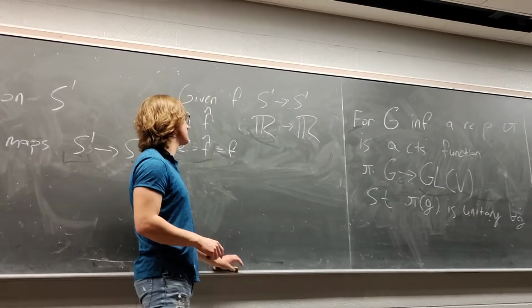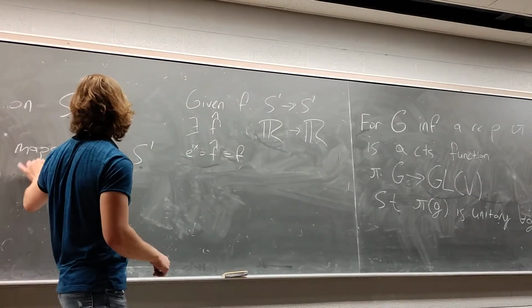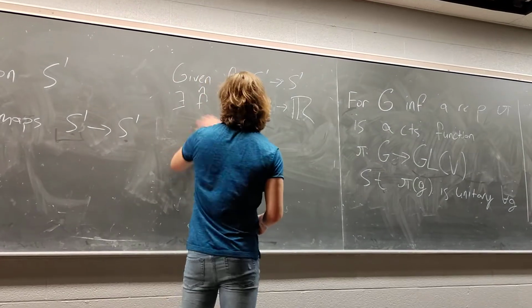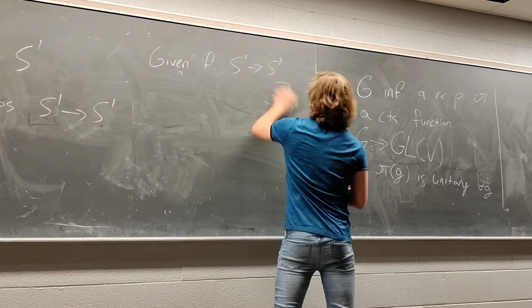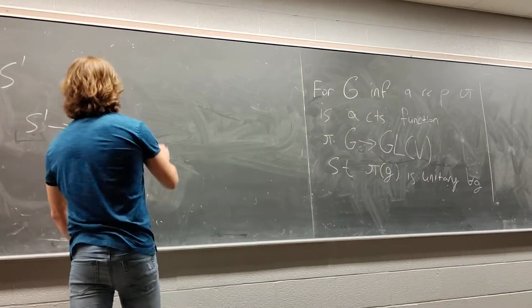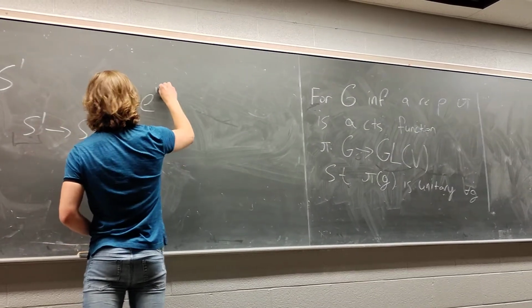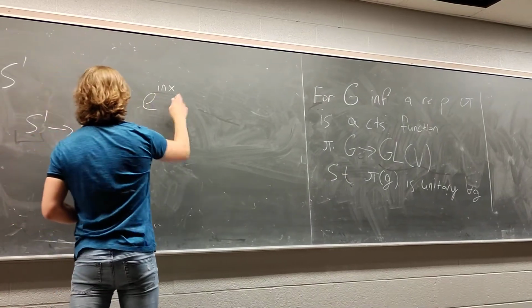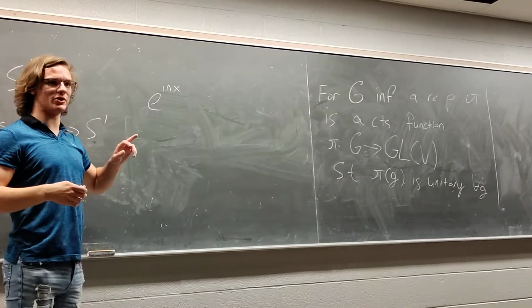And these are the only things that will both work as the group homomorphism and be continuous and keep the periodicity we want. Which means that all of these characters on the circle group S1 are in the form e to the inx, where n is some integer.